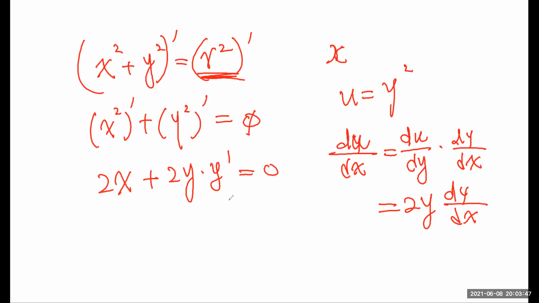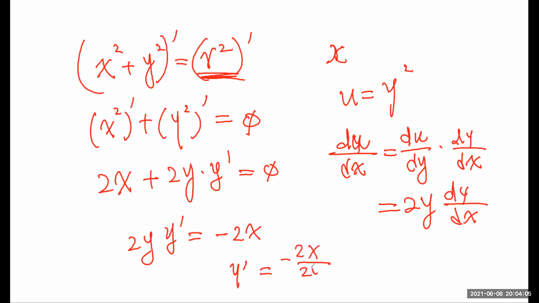So that's what we got here, now equal to 0. Therefore, y prime times 2y, and the other side, 2x. Then y prime is simply negative 2x over 2y, which is negative x over y.